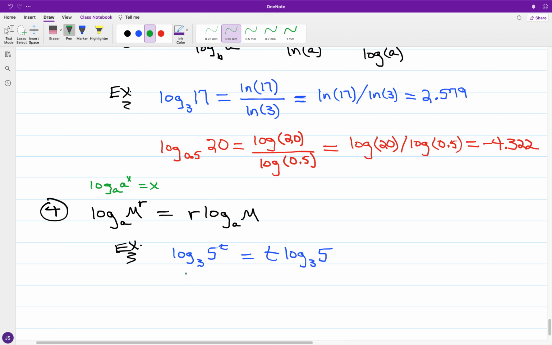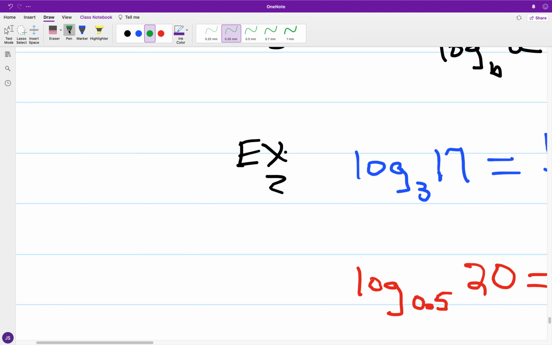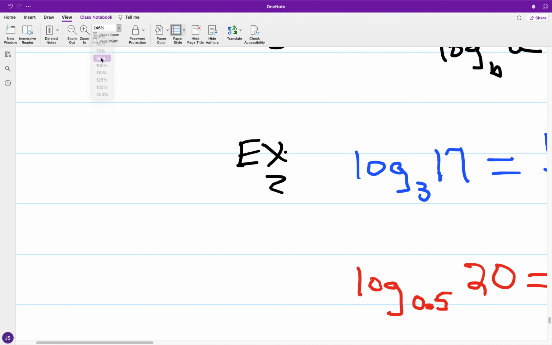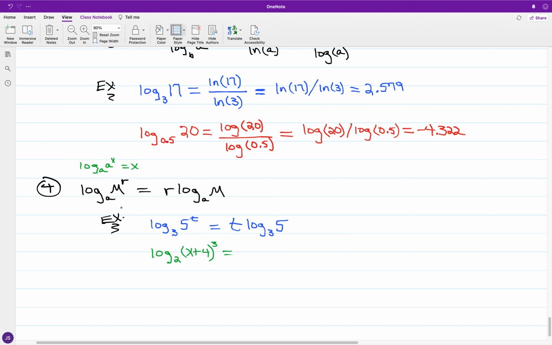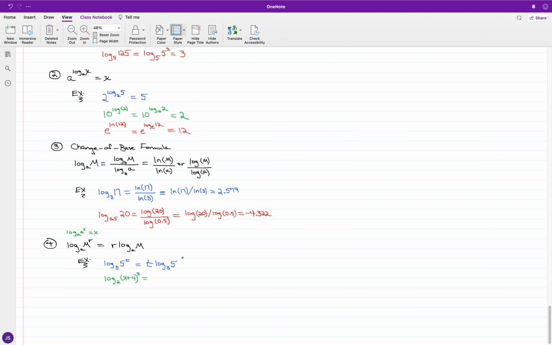And let's say I have another term, the base 2 logarithm of the quantity x plus 4 raised to the third. Notice a is represented by 2, m is represented by the binomial x plus 4, and r is represented by 3.